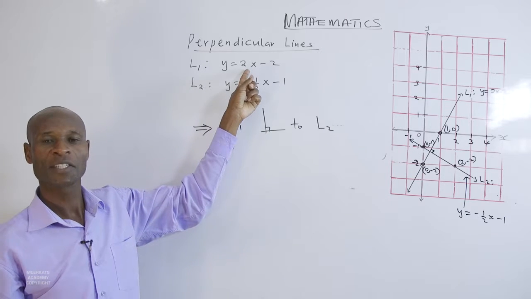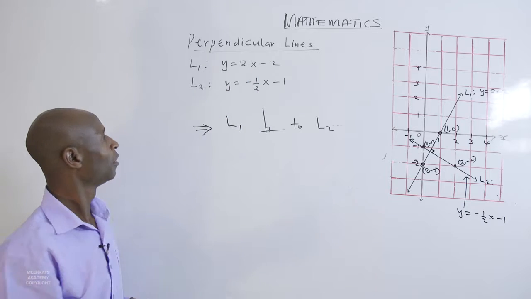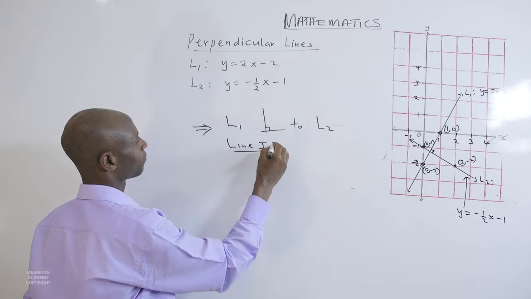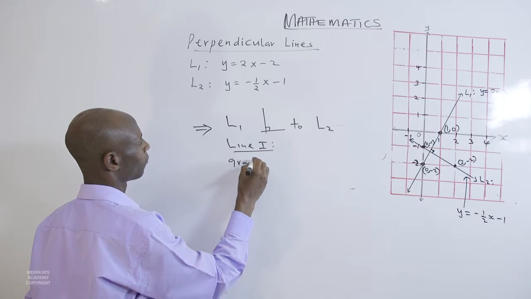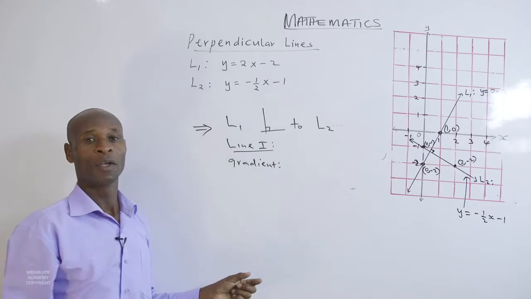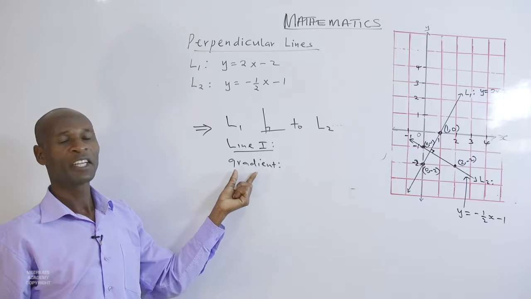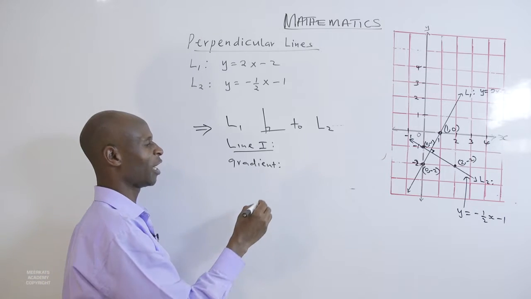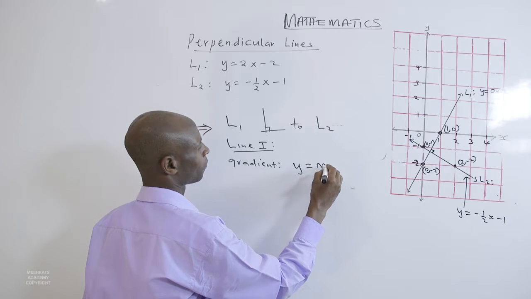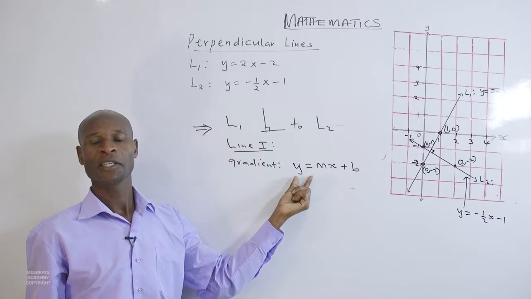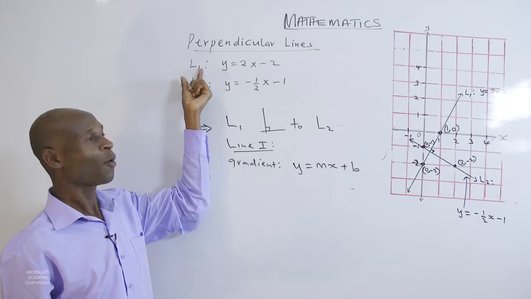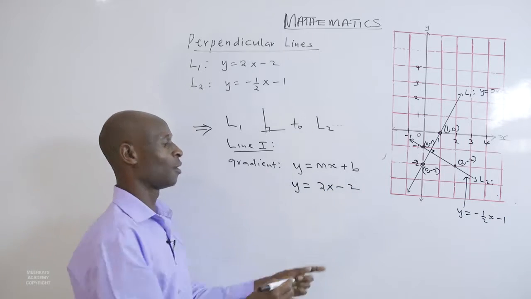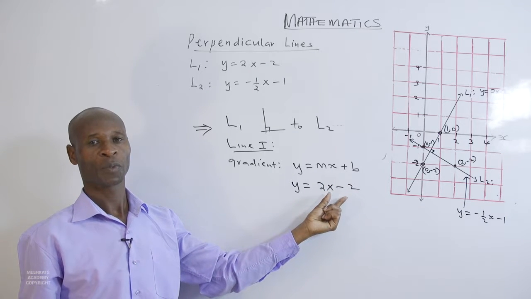Now, let us establish the gradient of line 1. To read off the gradient of line 1, we compare with the general gradient intercept form of a line, y is equal to mx plus b. So our line 1 is y is equal to 2x minus 2.